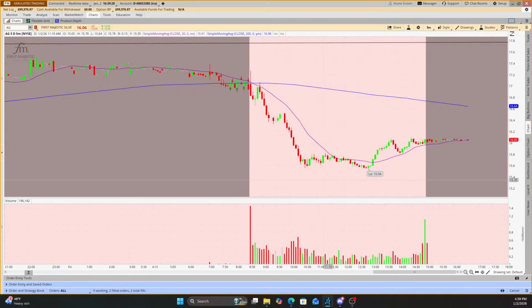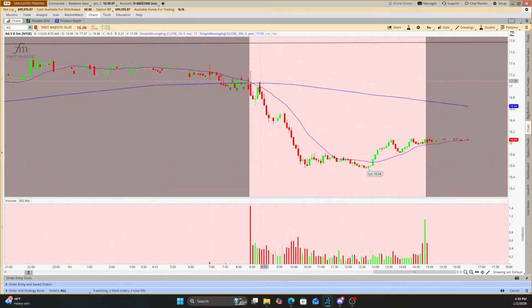All right, so we got, okay, green, elephant, doji, elephant.